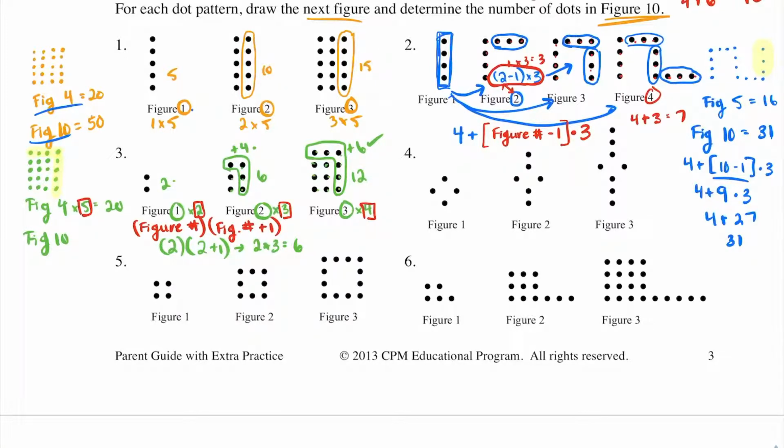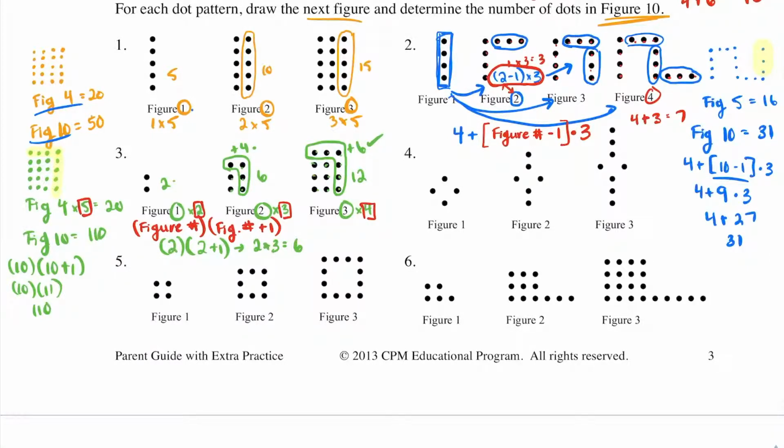I think we found something here. So let's go ahead and check figure 10. I'm taking my figure number, and multiplying that by my figure number plus 1. So what is 10 times 11? Well, that is just 110 dots. So in figure 10, I have 110 dots. And there we go. Woo!